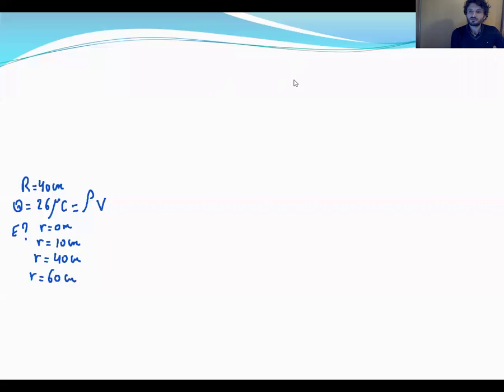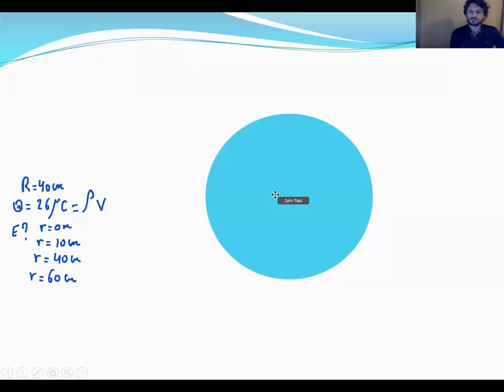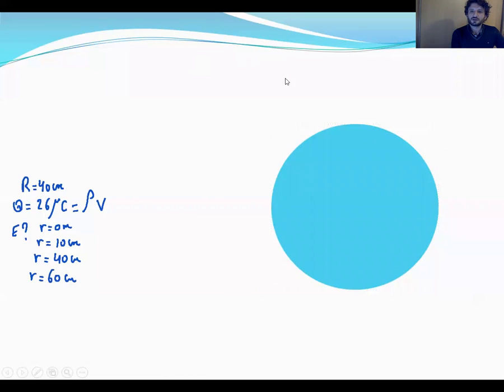Let's draw a sphere. Here we have the center O. First of all, part A, we have to calculate E at the point O. Second, at 10 centimeter, you know the radius of this sphere equals 40 centimeter.